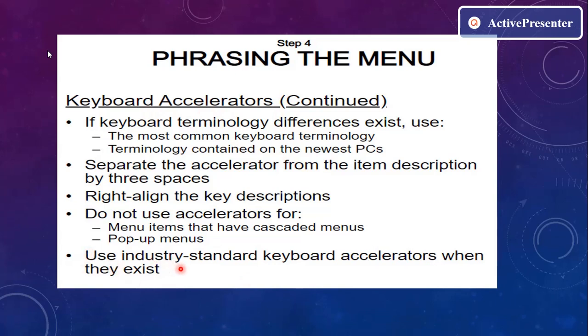And use industry standard keyboard accelerators when they exist. Some of the industry standard keyboard accelerators, for example, you might have used in Windows: Control C for copying, Control N for opening a new file, Control P for printing the file, Control S for saving, Control V for paste, Control X for cutting, and Control Z for undo.